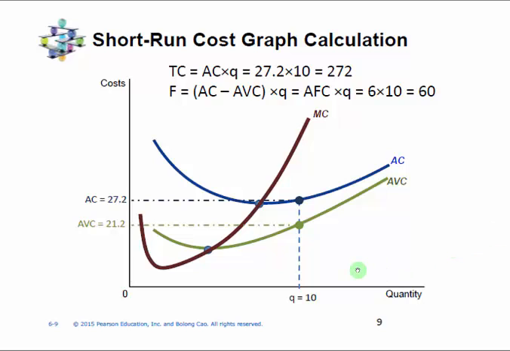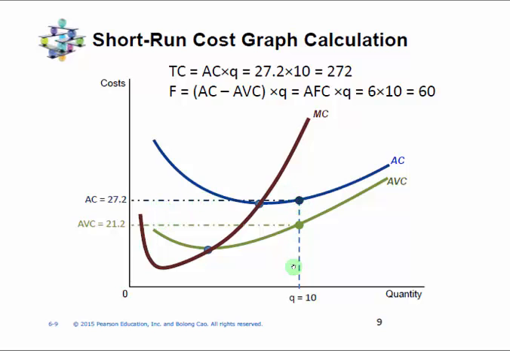And then on this picture, I have mentioned the idea before, right? If I give you the average variable cost and average cost, you figure out the difference between the two is the average fixed cost. If the average total cost is 27.2 and the average variable cost is 21.2, the distance between the two is 6, right?